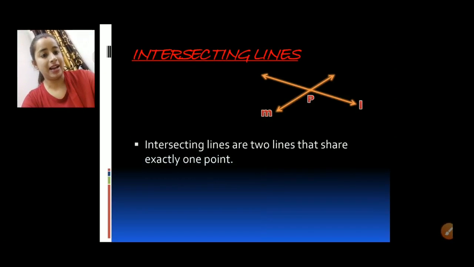Now we are going to learn about different types of line. The first is intersecting lines. Intersecting lines are two lines that share exactly one point.